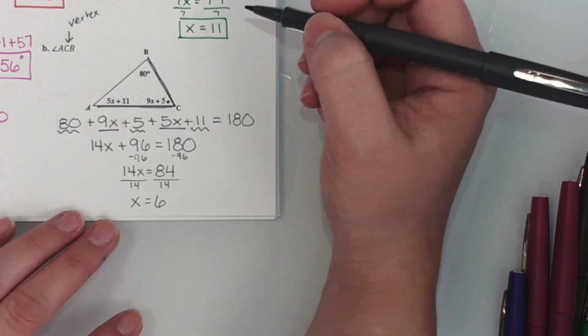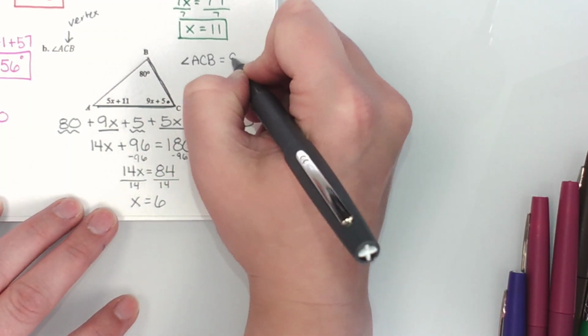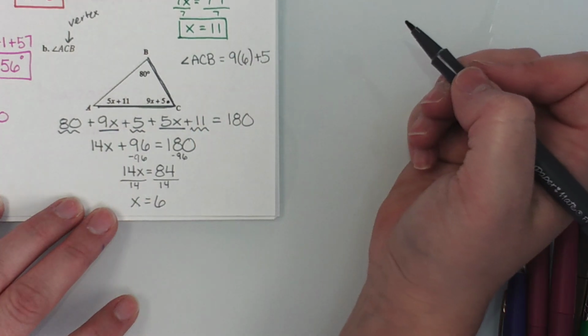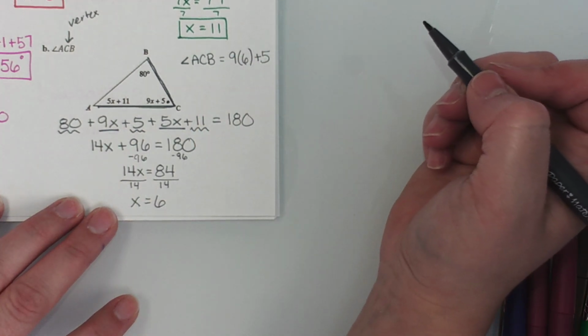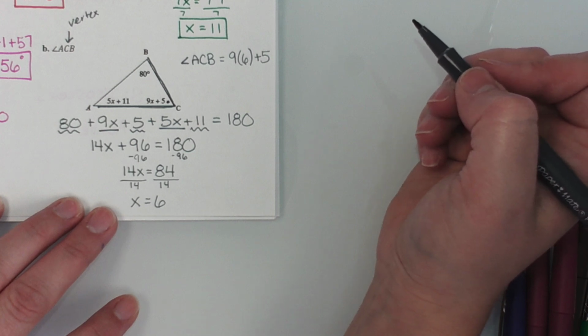Make sure when you're plugging it back in, angle ACB equals 9 times 6 plus 5 has a mistake in it. What did I screw up?